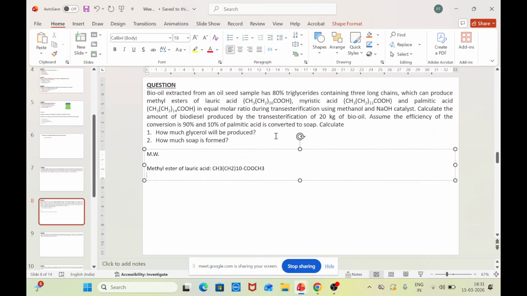Similarly, for myristic acid, it's going to be, just let me copy, CH3 (CH2)12 COOCH3.